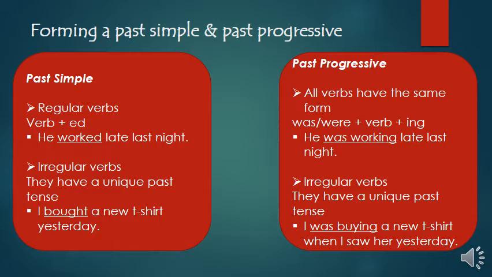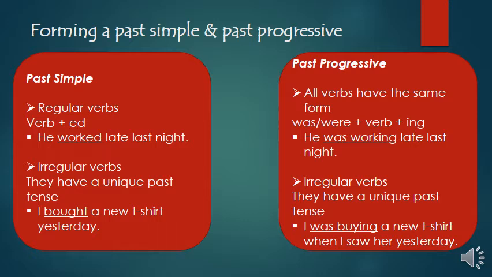Past progressive. In past progressive, you don't have to care if the verb is a regular or an irregular verb, because in past progressive, all verbs have the same form. Was or were plus the verb plus ing.